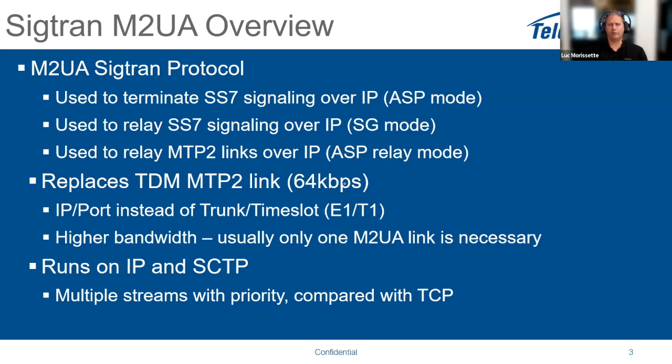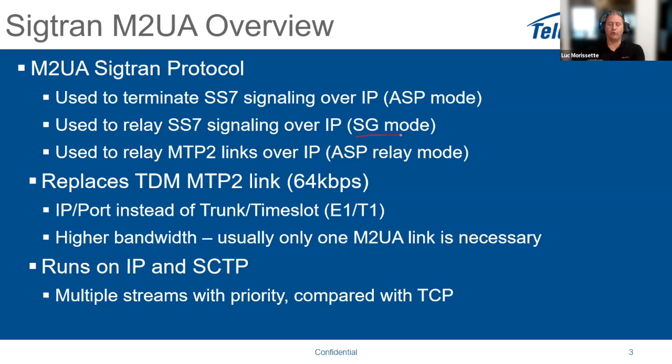So the M2UA SIGTRAN protocol is used to either terminate the SS7 signaling over IP, and this we call the ASP mode. So we take the traditional SS7 upper layers and terminate them, but using IP instead of TDM. We can use it to relay SS7 signaling over IP. This is called the SG mode, signaling gateway mode.